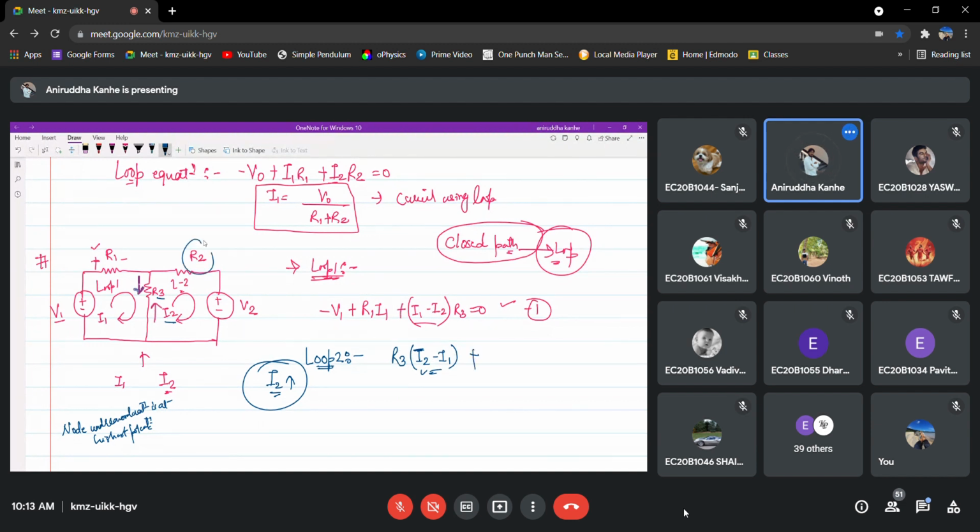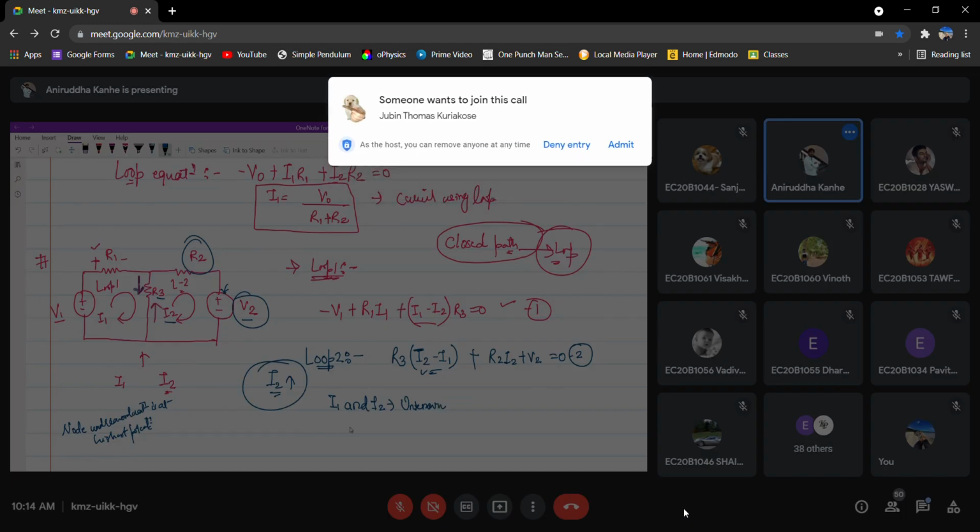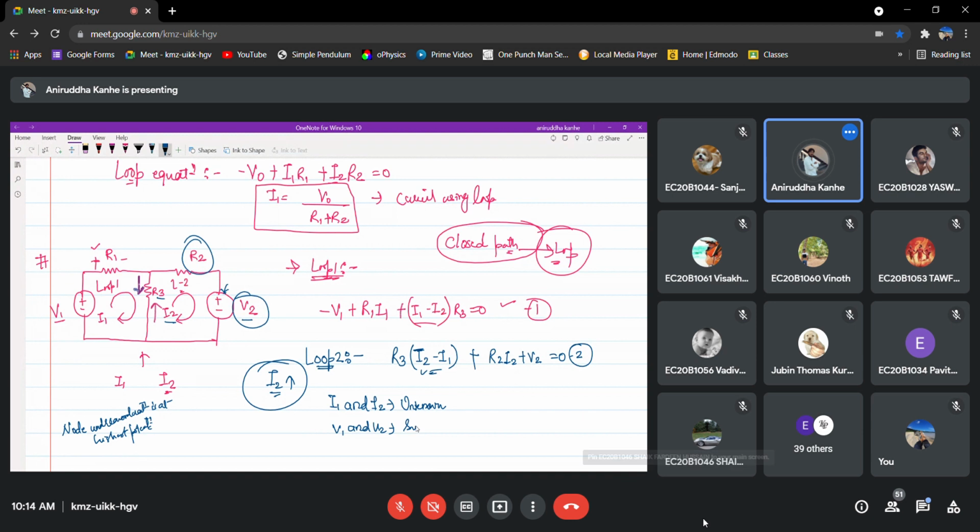Plus the drop across R2, which can be written as R2 into I2, and then V2. So entering sign is plus, hence plus V2 is 0. So this is your equation number 2. Now your I1 and I2 are unknown. V1 and V2 are supply, that means known quantities.